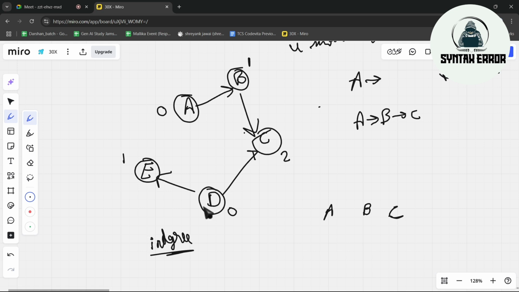What does this say? Our D also should always be behind C. When it comes here, what does it say? Our D should also always be behind E.